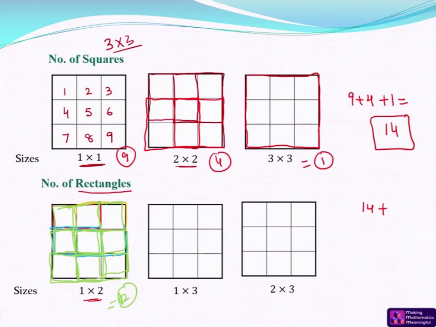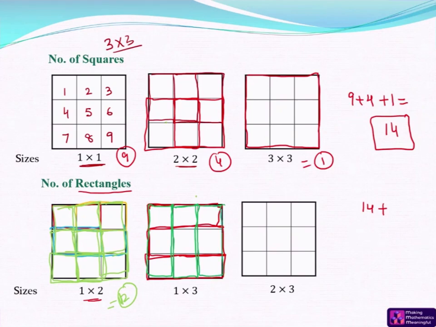Now how many of size 1 cross 3? This is 1, then 2, 3, and similarly we have 3 vertical ones. This is the 4th one, 5th one and 6th one.